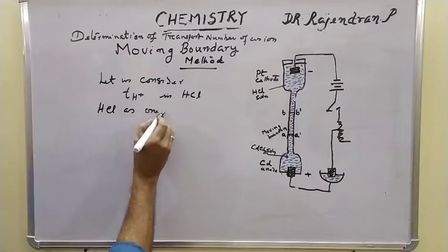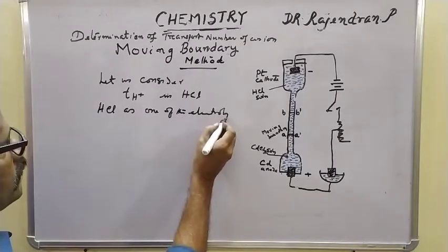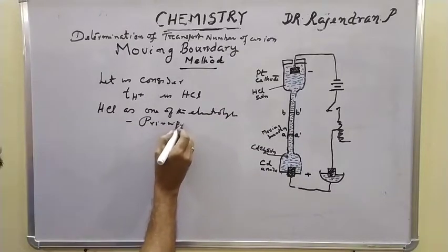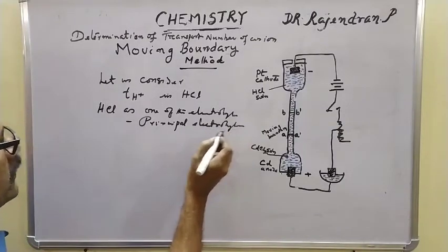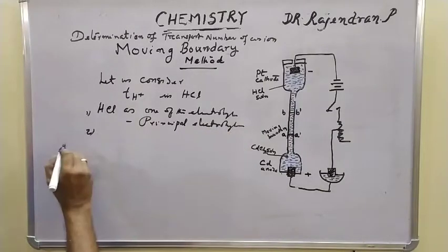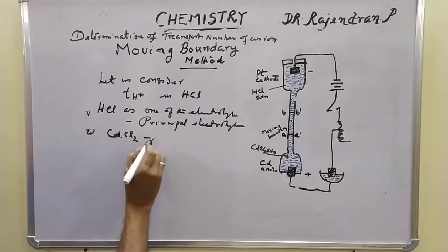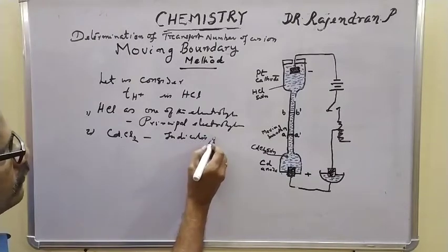Suppose you want to determine the transport number of the H plus ion, you have to take HCl as one of the electrolytes. That is called the principal electrolyte. And it is mixed with the second electrolyte, cadmium chloride, CdCl2, which is called an indicator electrolyte.